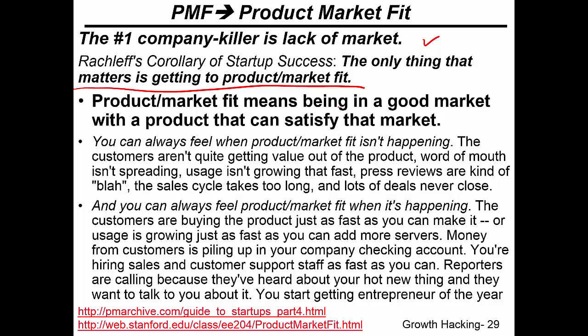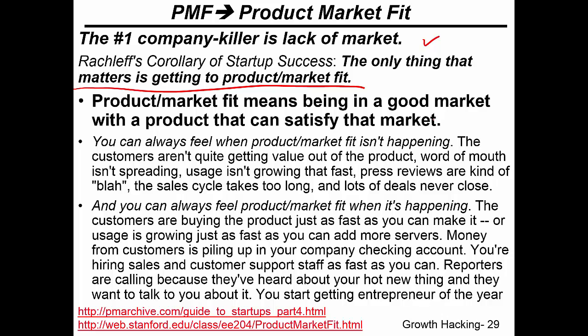So the product market fit means that you're in a good market condition with a product that can satisfy the market. Okay. And you kind of know whether you get the product market fit because if you generate a lot of word of mouth recommendation by your users and then your product and service is selling as fast as you can produce it, then you know you got the product market fit.